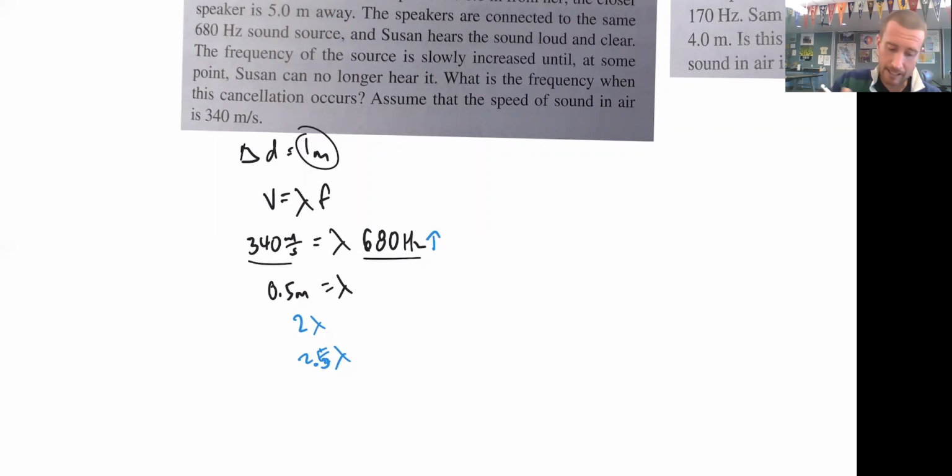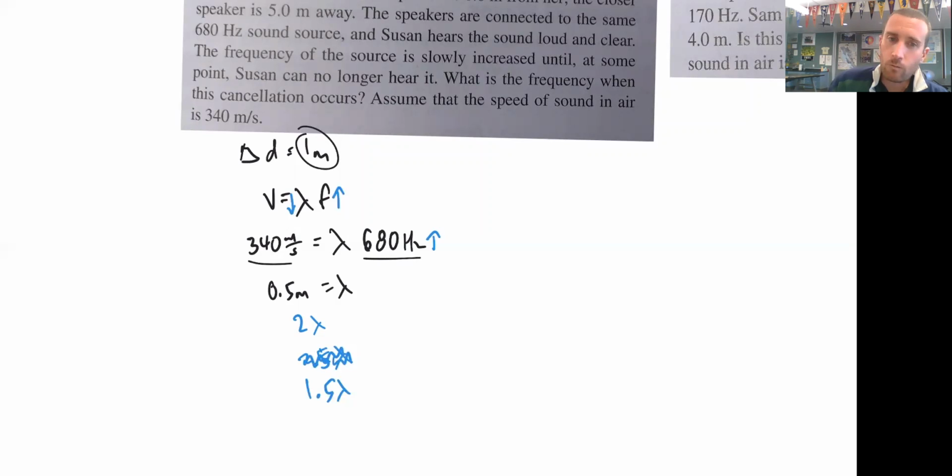Frequency, let's see, actually, I want to double check this. If the frequency increases, the wavelength is going to decrease. So actually, I need to go to 1.5 wavelengths, right? I'm turning up the frequency. So 1.5 wavelengths would be where it cancels. All right, I'm going to go down on my wavelength because the wave speed's the same.